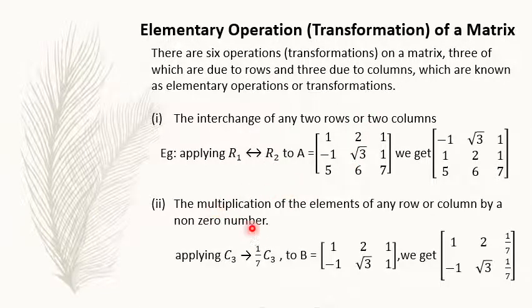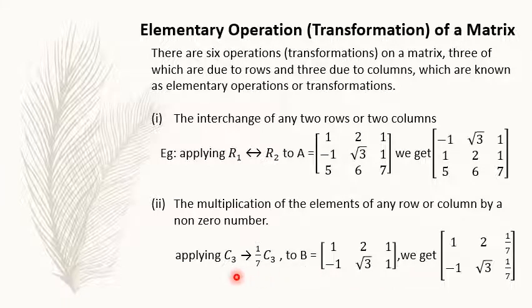This is the second operation. The multiplication of the elements of any row or column by a non-zero number. Suppose we have a matrix of order n by m, then we can multiply a row or column with a non-zero number.